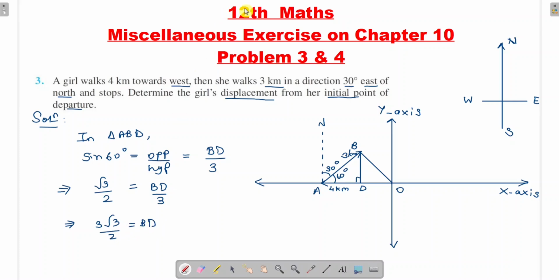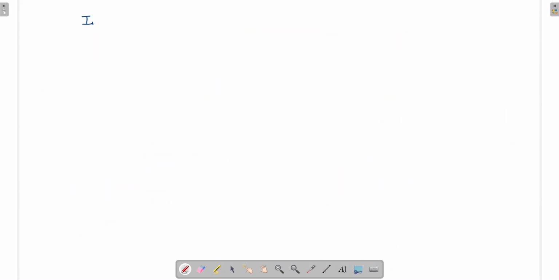Now we will again take the same triangle ABD, and look at cos of angle 60 degrees. That is equal to adjacent upon hypotenuse.